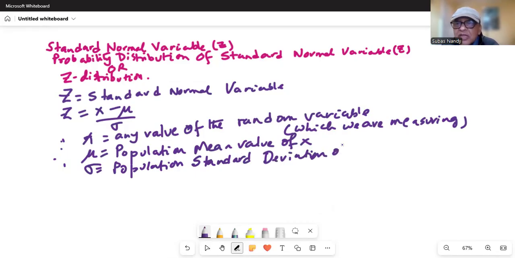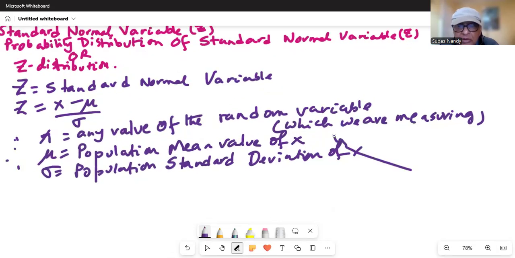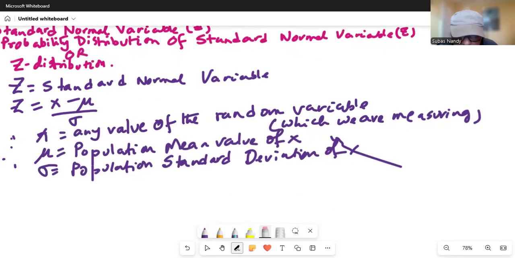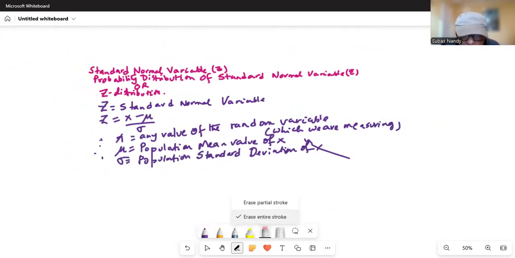Again, what is standard deviation? Average variation from the mean. So that's the population standard deviation of x, sigma.